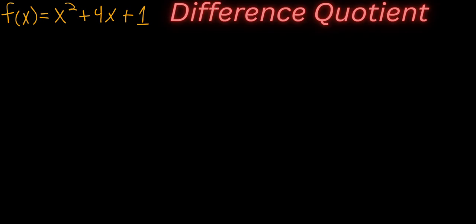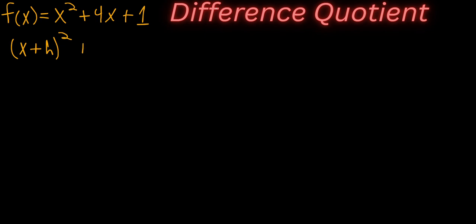So we're going to do f of x plus h minus f of x divided by h, finding the slope. So for our first step, everywhere we have x, we replace it with x plus h.